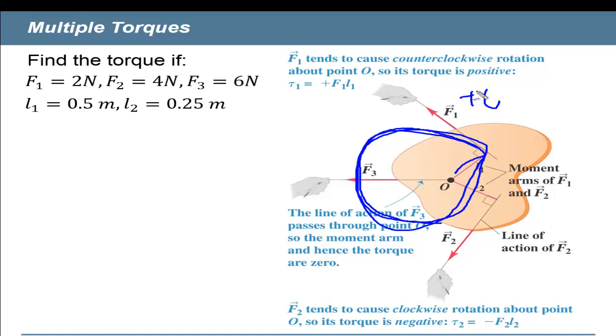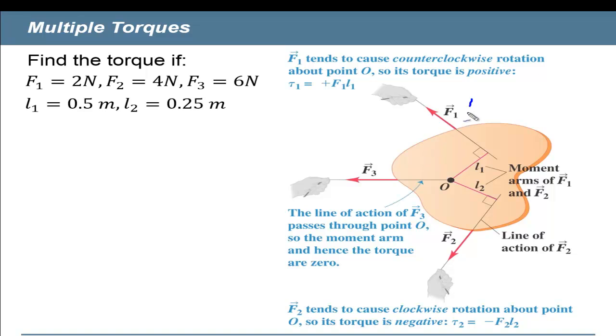F2, however, is down over here, and it's going to wrap around like this, and that's actually going to be a clockwise rotation, so this one is going to be a negative torque.